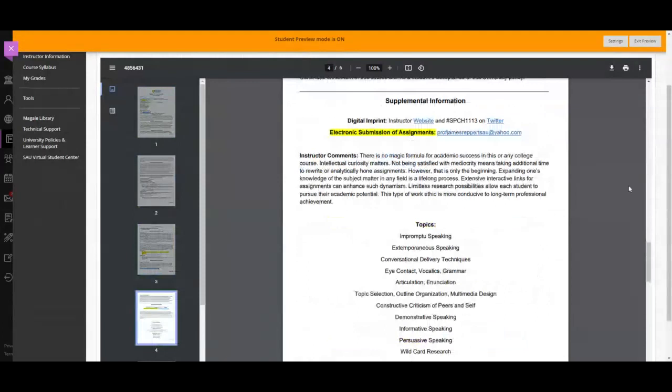So that's why most of them are 5 to 6 pages in length. But keep in mind, there's a link to my website. I'll probably show you that before the end of class again. There's a link to my Twitter, and for the electronic submission assignments, I've shown you that during the first couple of days of class with a particular file specifically set up for SPCH 1113.